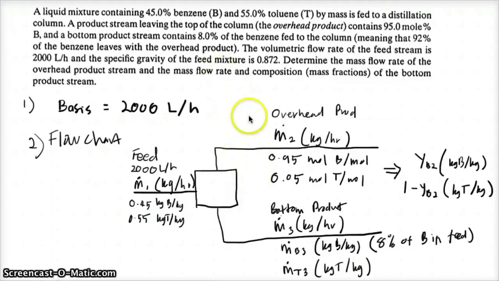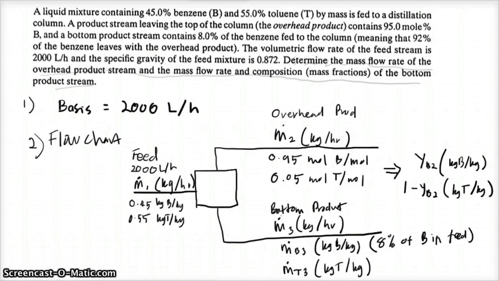The question for this example is, let me change this first, determine the mass flow rate of the overhead product stream and the mass flow rate and composition, the mass fraction, of the bottom product stream.